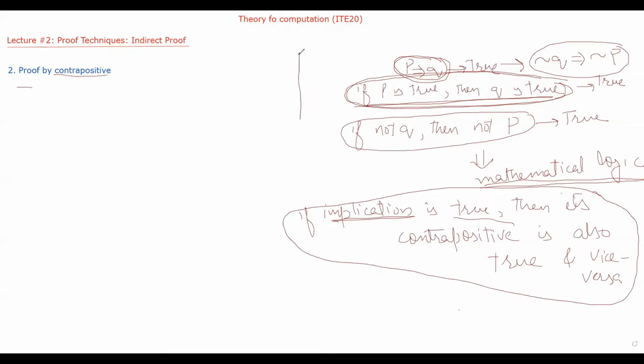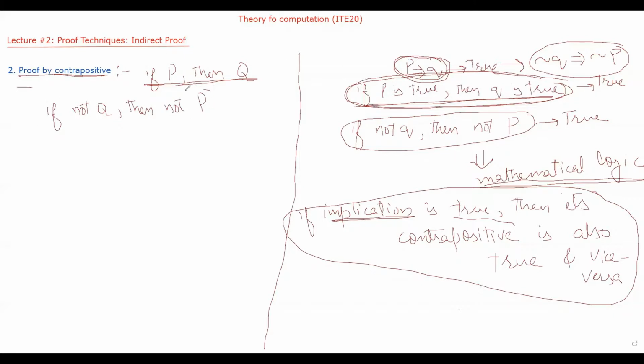Now let's discuss the proof by contrapositive. If we have to prove a statement like this, if P then Q, instead of proving this, we will prove its contrapositive: if not Q, then not P. Somebody will ask, sir, why are we proving this instead of the original?